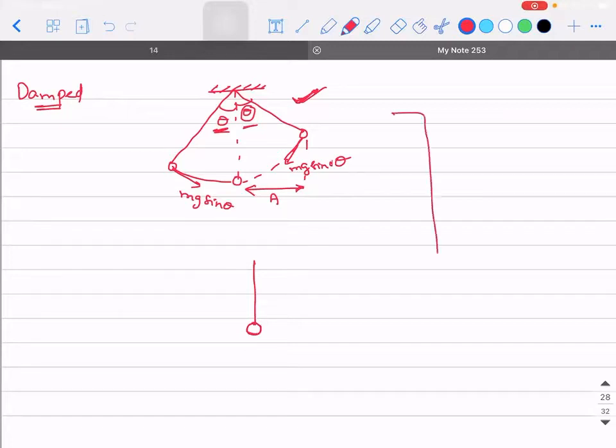So in the 2 hours, what has happened to it? Its amplitude has got damped.